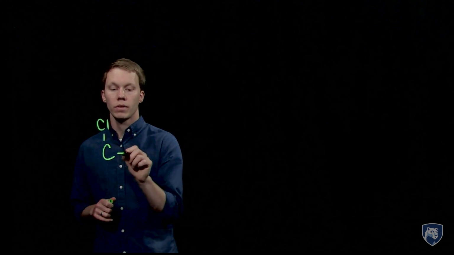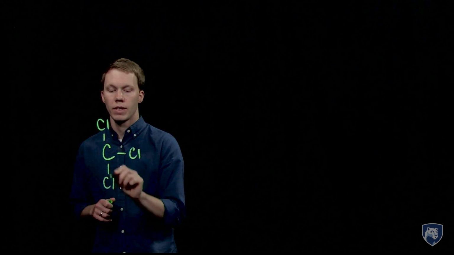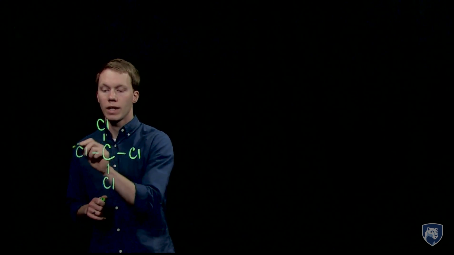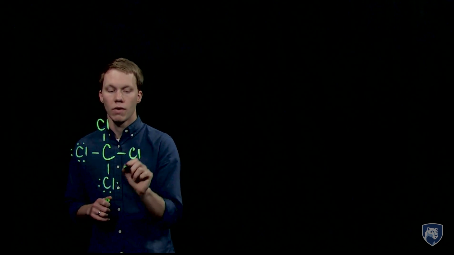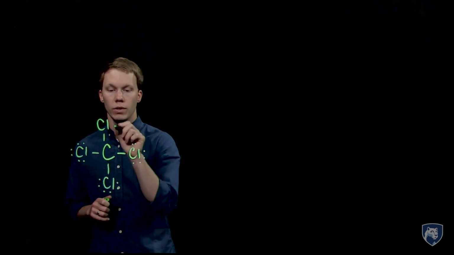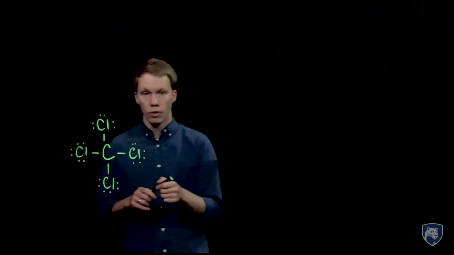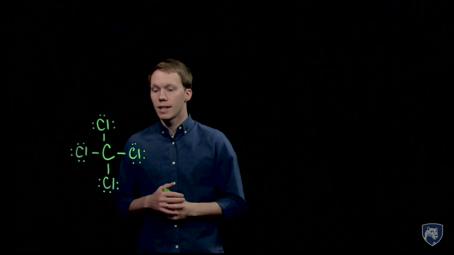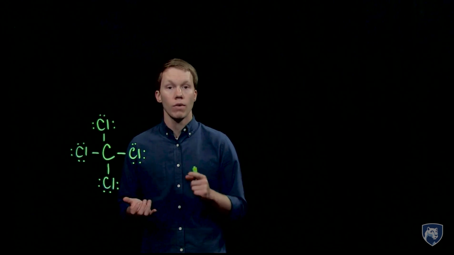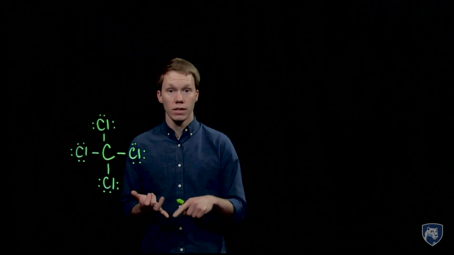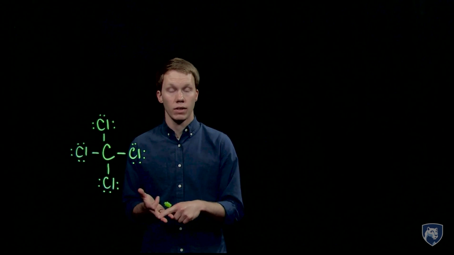Take, for example, carbon tetrachloride, CCl4. We can come up with a Lewis structure for this molecule, placing in all of my lone pairs. And we can look at this and say, well, how many electron domains does the central carbon atom have? Well, remember, a domain is a bond, a lone pair, or a single electron.